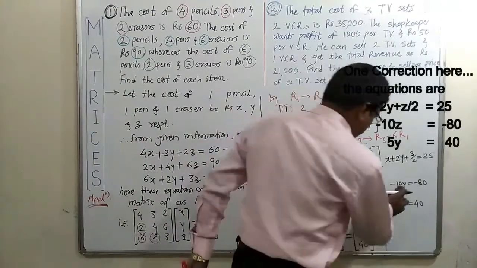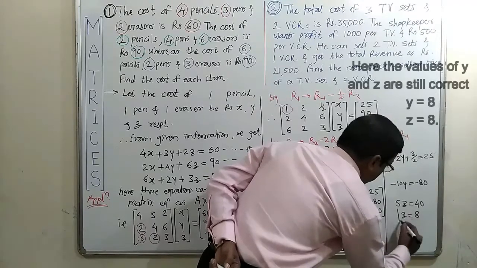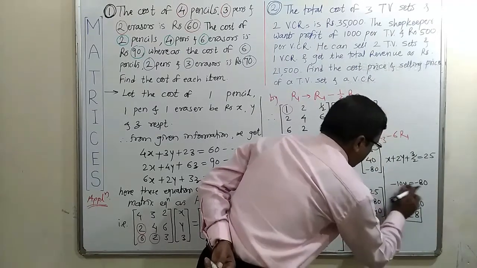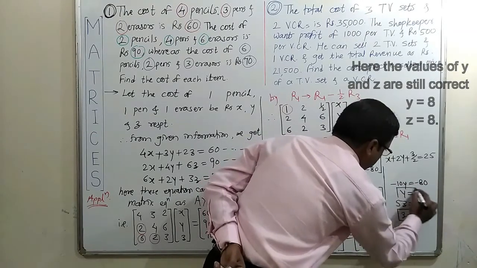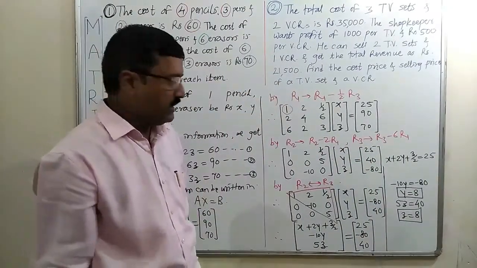From the last two equations we get easily z equal to 8, that is our first value. Here y equal to, cancelling the negative sign and 10, y equal to 8. So y equal to 8, z equal to 8.